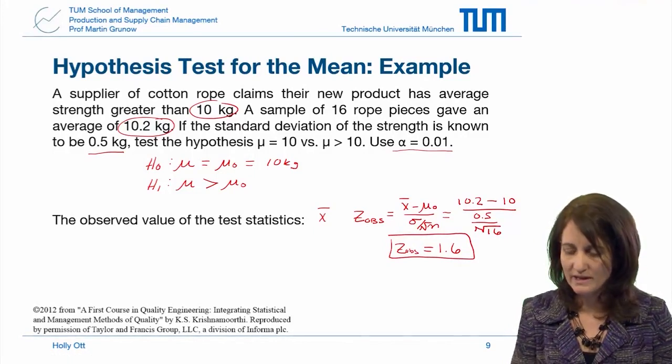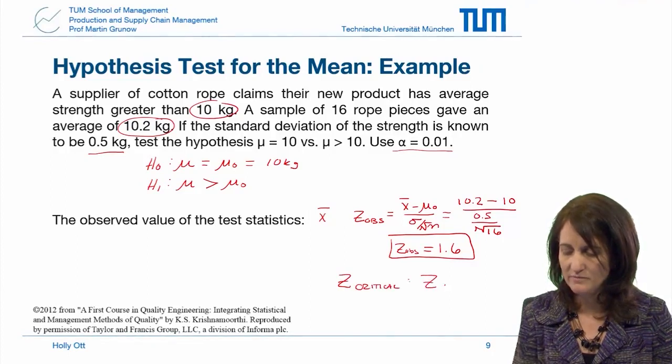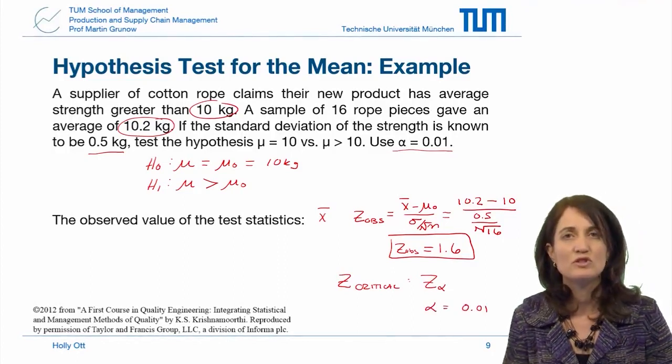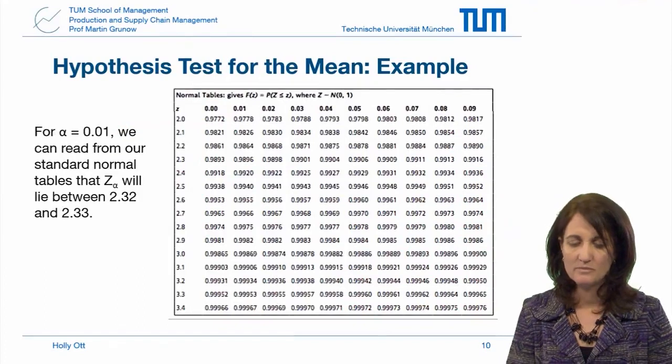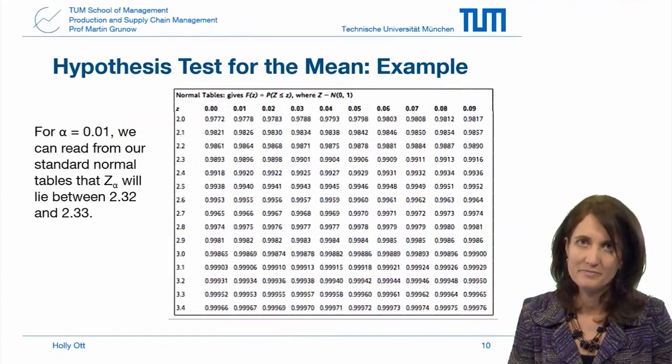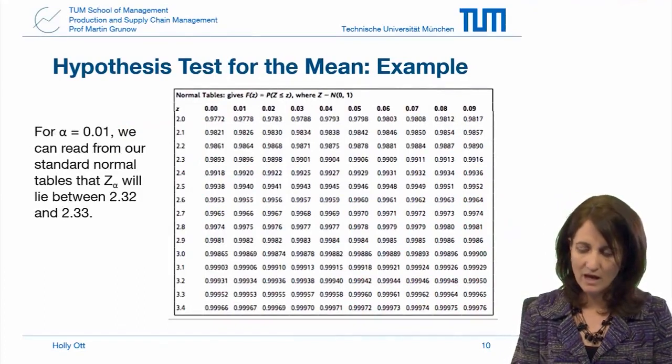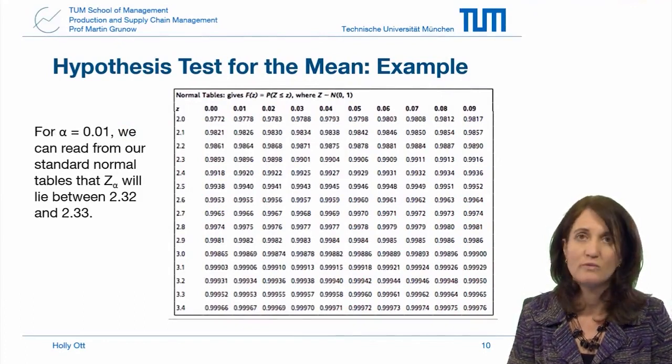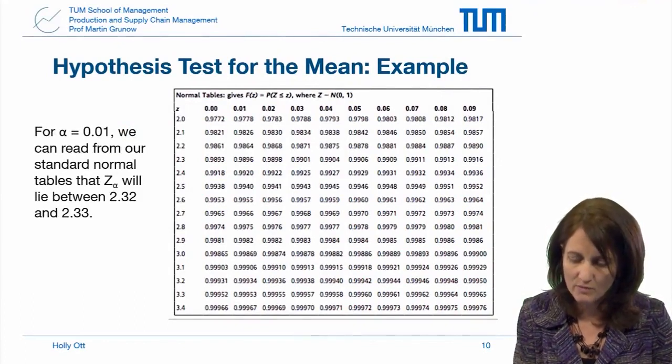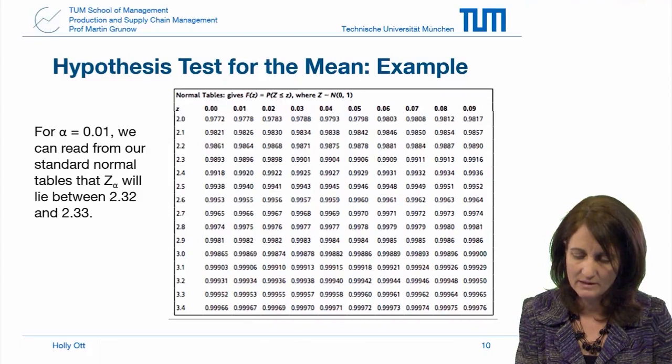Now we need to find our Z critical, or we called it Z alpha, where alpha equals 0.01. To do this, we look in our normal tables. For alpha equals 0.01, we need to have a probability of 0.99.